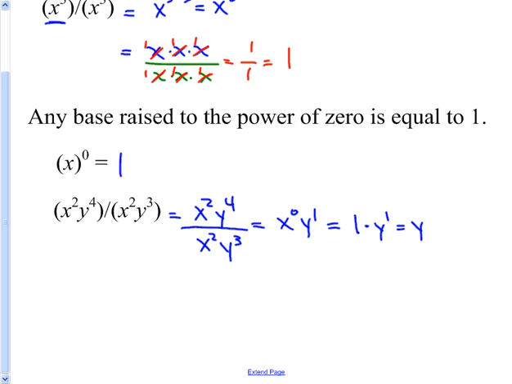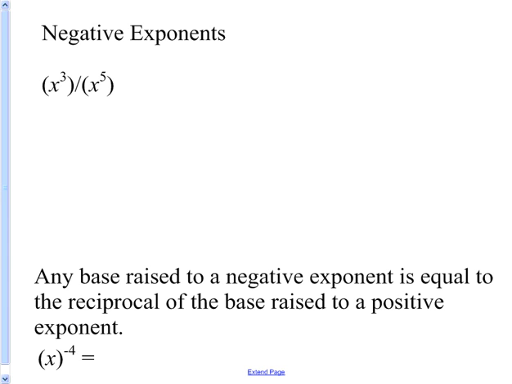Now, the next idea, a little more difficult again. What happens when I have a negative exponent? And here's a situation where, again, if we were just going to follow our exponent rules, we'd have x to the 3 minus 5, which is x to the negative 2. But if I was going to expand that, and I'll do it the same way we always have, 3 x's on the top, I'll represent those in blue, and 5 on the bottom, I'll represent those in green.